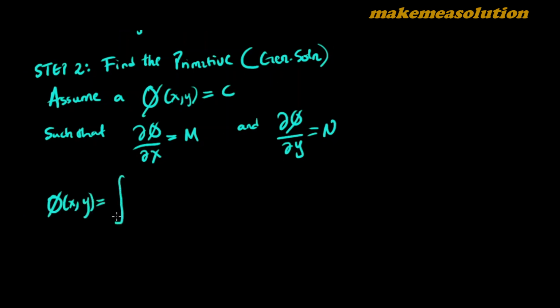Way one is when you integrate partially with respect to x, M, or when you integrate partially with respect to y, your N. So whichever one you want to follow to get your phi of x comma y is up to you.